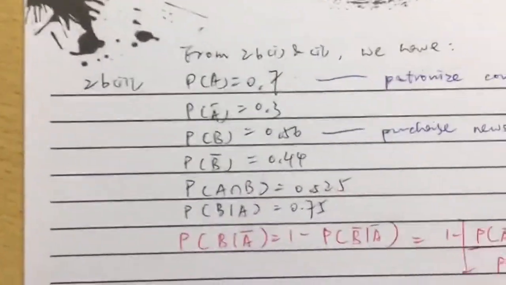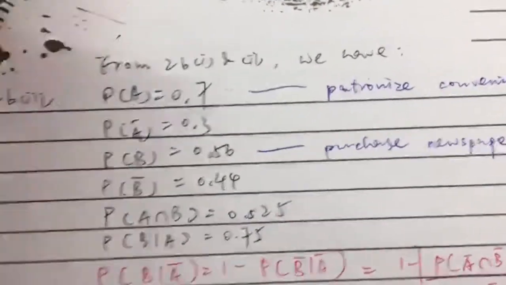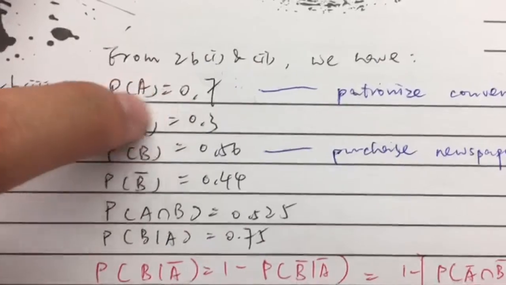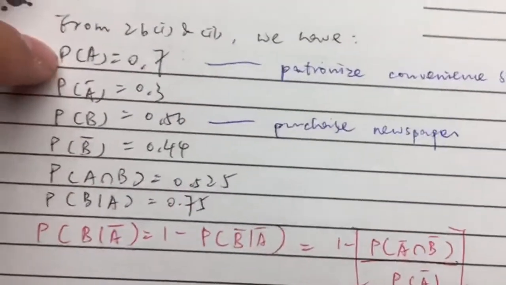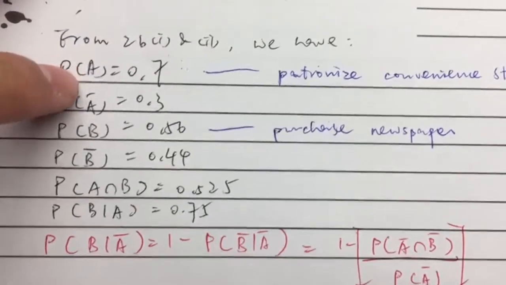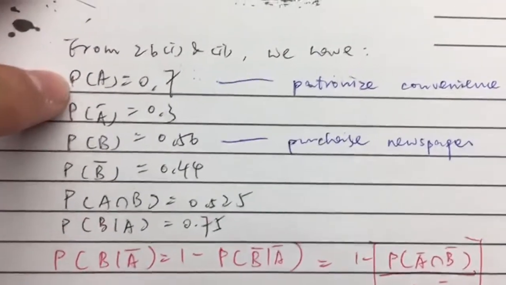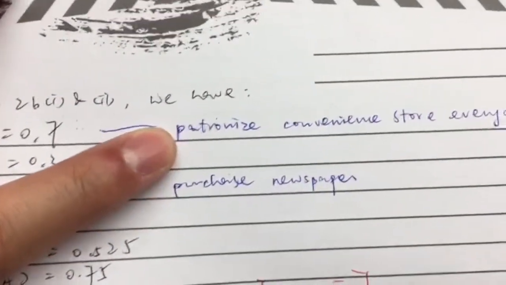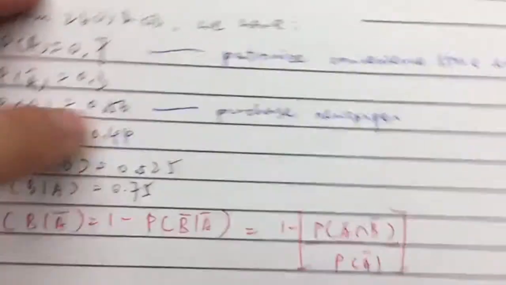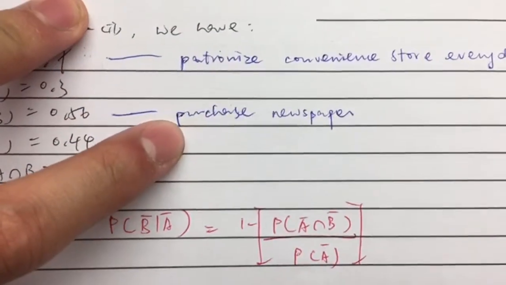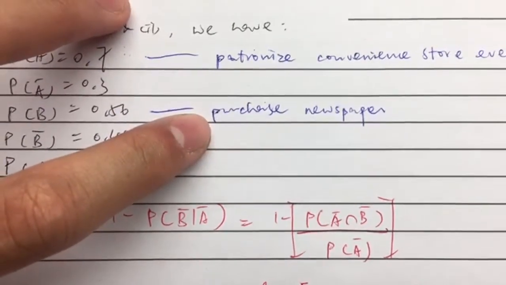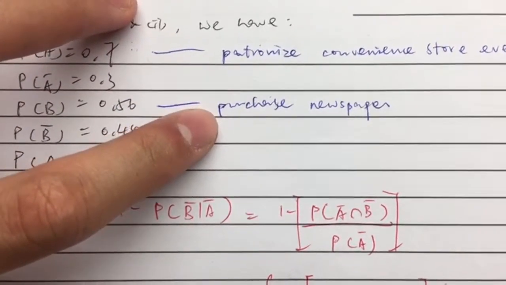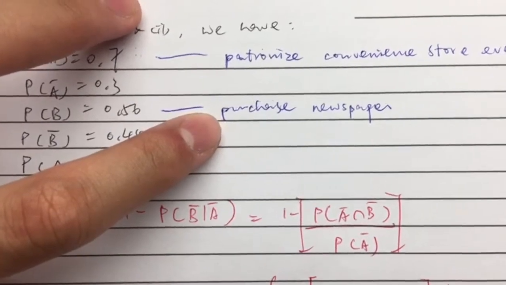Today I'm going to talk about question number 2B and the third part of this question. From the previous two parts, we have got the following: probability of A equals 0.7, probability of B equals 0.56. Probability of A means those who patronize the convenience store every day, while B means those who purchase newspaper. But it doesn't mean that it is among all customers who go to the convenience store every day.